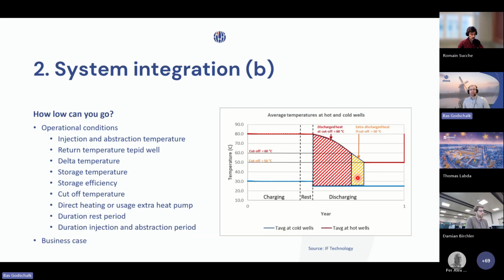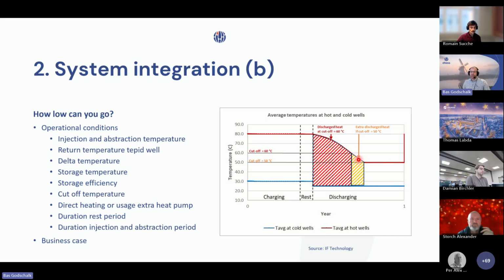Another very important part is what temperature levels you are working with. So what will be the injection temperature of the high temperature ATES system? And if you start to abstract, to which temperature do you go? Because if you can still use 70 degrees or 60 degrees or 50 degrees, then the longer you can use your ATES system, the more energy you can harvest from your storage system.